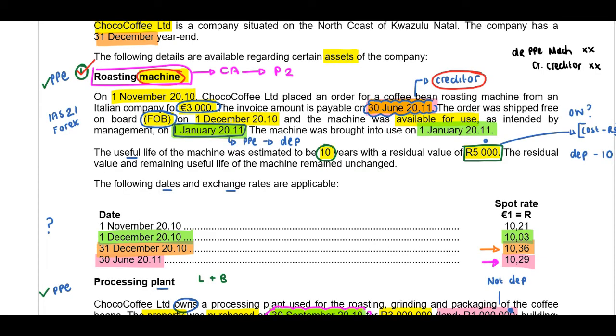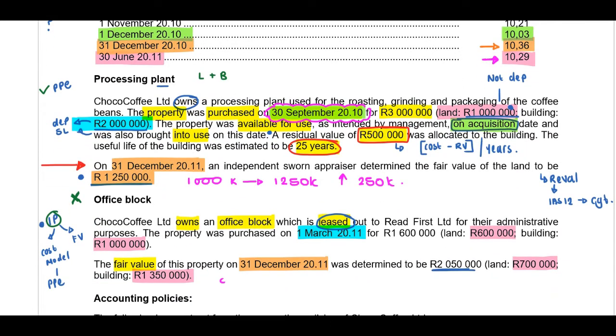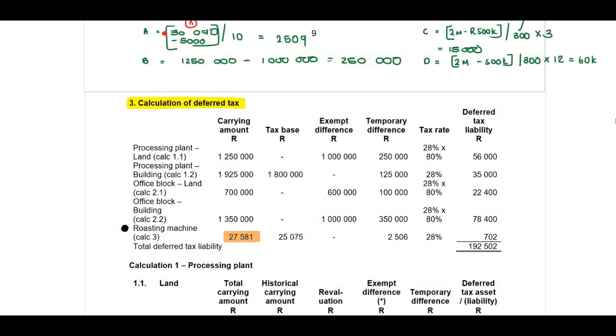Then, next, if we look at our processing plant, we know that we have our land and buildings. Land, very important, I've indicated to you on the revaluation portion, we have to tax this based on the CGT rate. Therefore, the way that I normally do this, is I will include 2 line items.